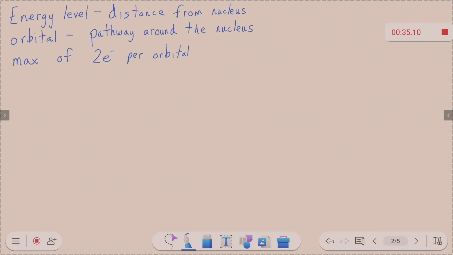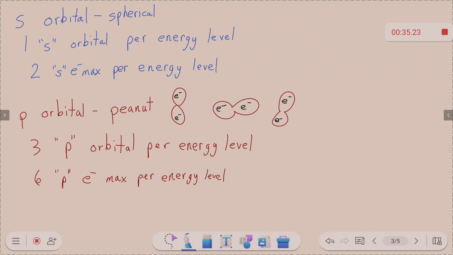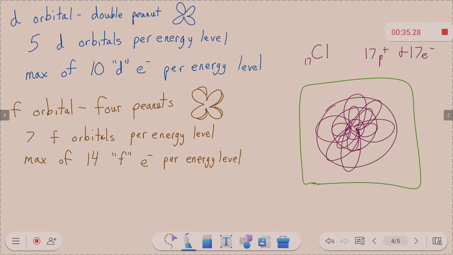Also, nature prefers things in a lower energy state, and the energy level and orbital both contribute to the energy of the electron. If you get those two things, and can also memorize the s, p, d, and f, you will be very solid in terms of going forward from here.